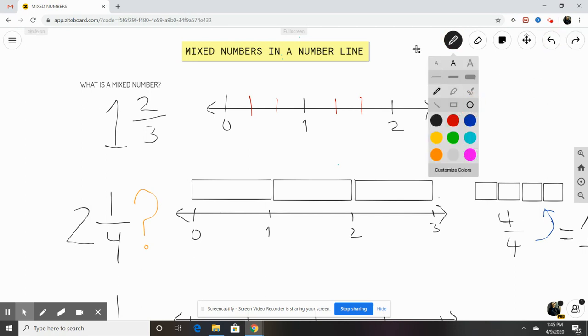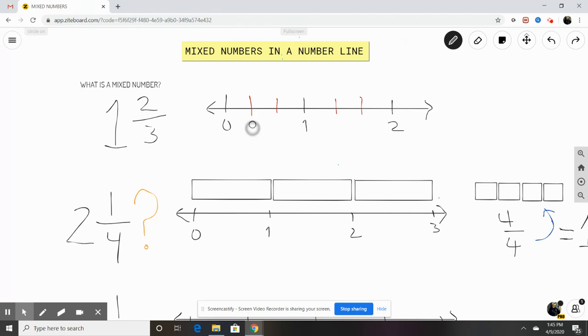Okay, so I'm going to write down that this point right here, I need my pencil. So this one right here is 1/3. This will be 2/3. And this point right here will be a whole, which is equivalent to 3/3.